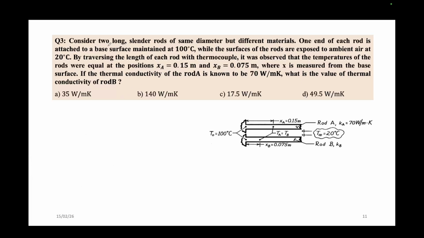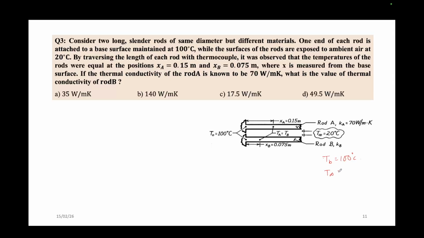So see, this is too long in this question. Already, whatever is given in this question has been represented by this pictorial, right? So here the base temperature is maintained at 100. So better you write down what is given initially. That means your T_b is given at 100, right? And what is T infinity?